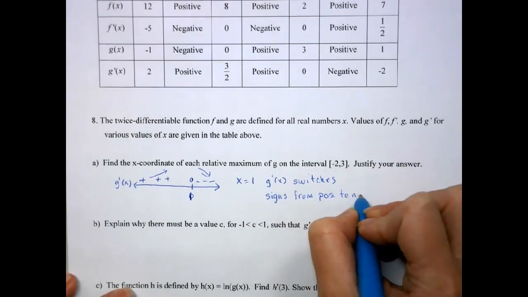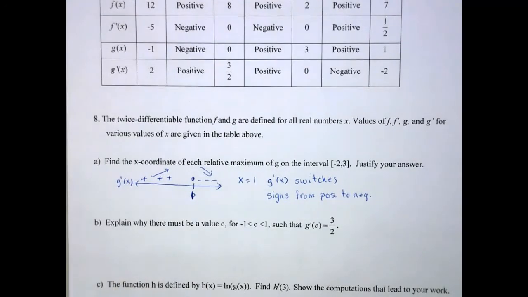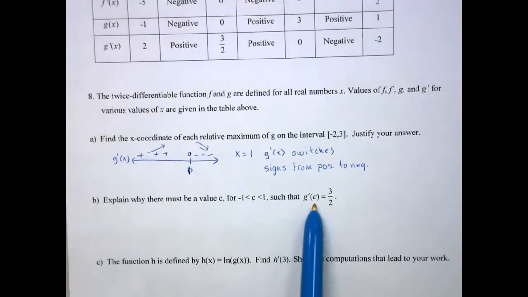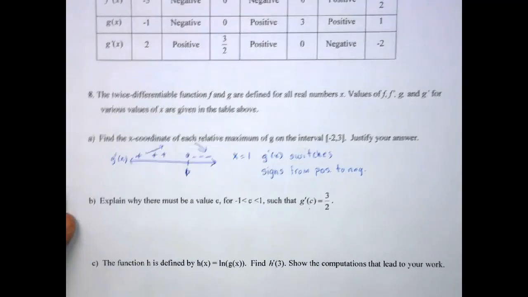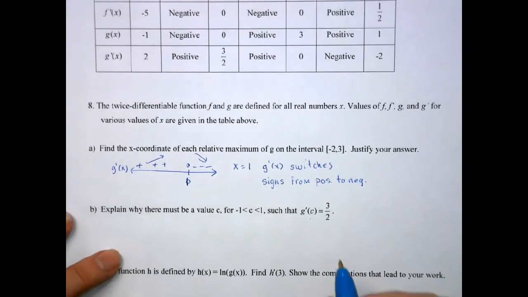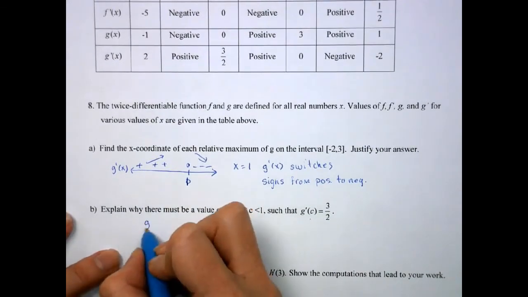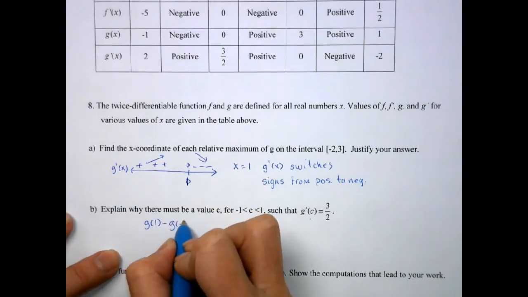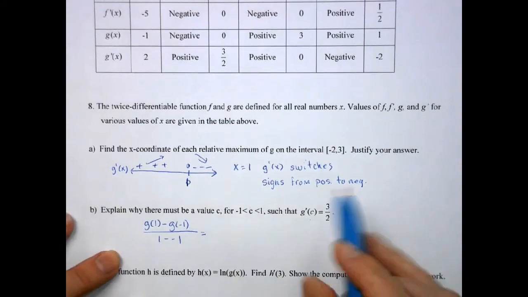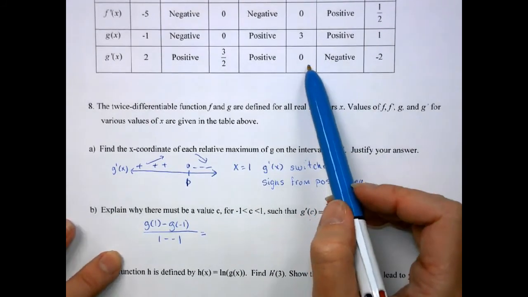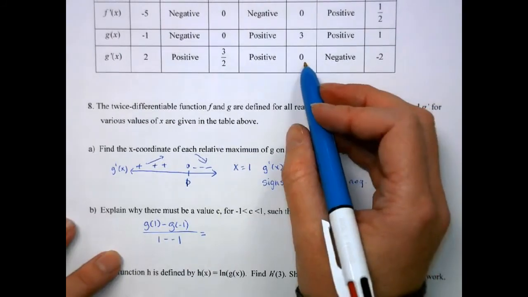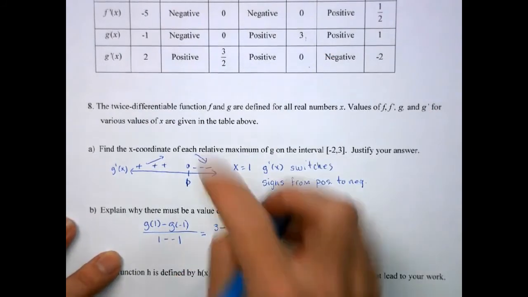Okay, explain why there must be a value c from -1 to 1 such that g prime equals 3/2. Well, this is asking for the mean value theorem. So I'm going to look at g of 1 minus g of -1 over 1 minus -1. Sorry, g of 1 is 3. G of -1 is 0 over 2, so that's 3/2.